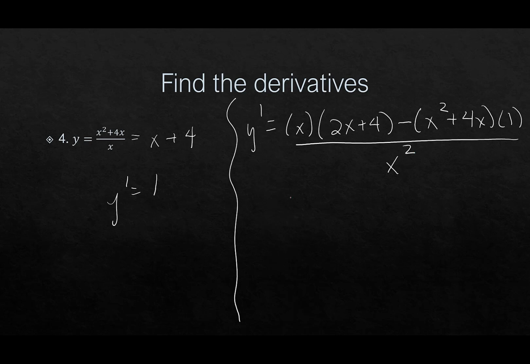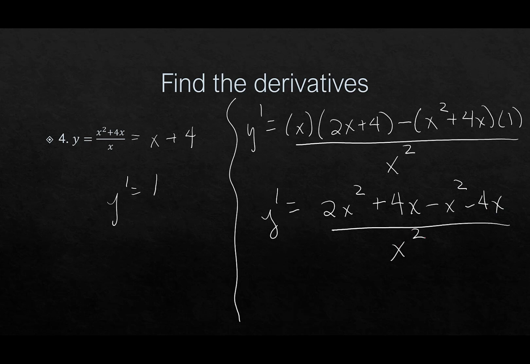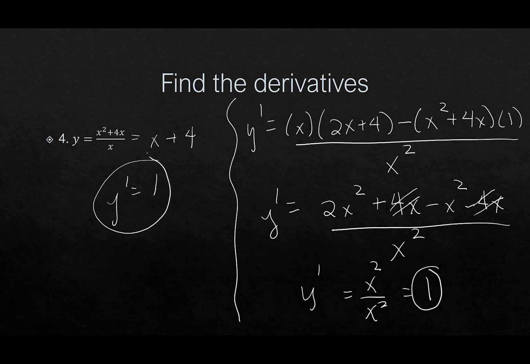Then you would multiply out. 2x times x is 2x squared, plus 4 times x is 4x, minus x squared minus 4x, all over x squared. The 4x would cancel the negative 4x. 2x squared minus x squared would give you x squared. x squared over x squared would just be 1. So in the end, we have the same answer. It's just the amount of work that we had to do.